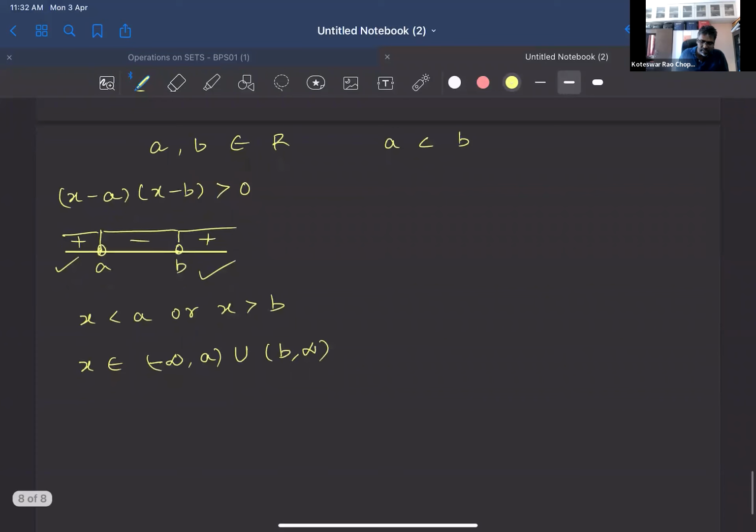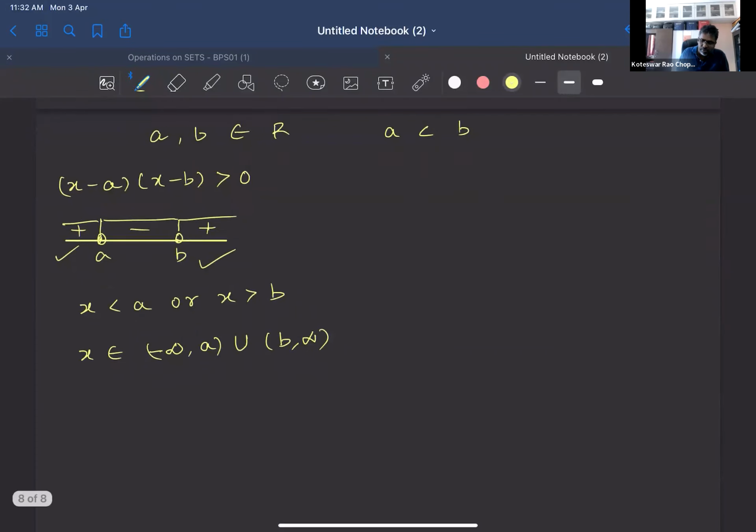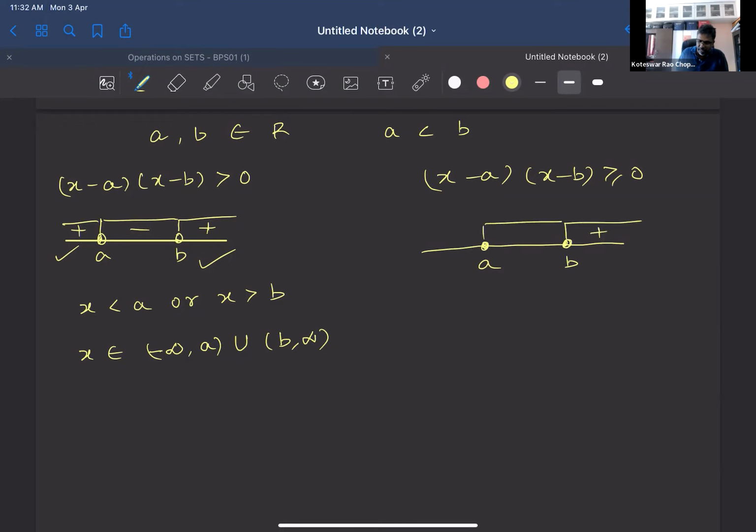But if you have, let's say, a greater than or equal to sign, x minus A into x minus B is greater than or equal to 0, you still do the same thing, but you use closed circles to tell us that A and B are included now. If you take any value greater than B, it will be positive, and after that it will be negative, and then again positive.